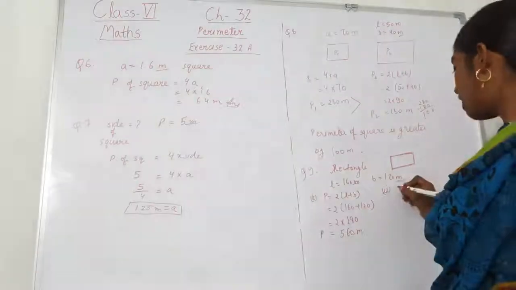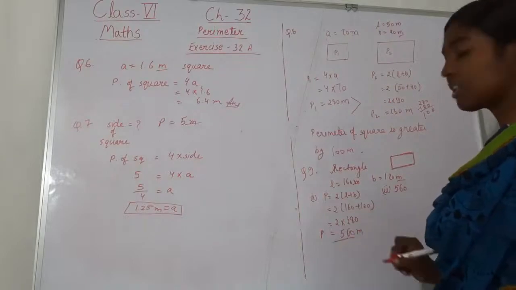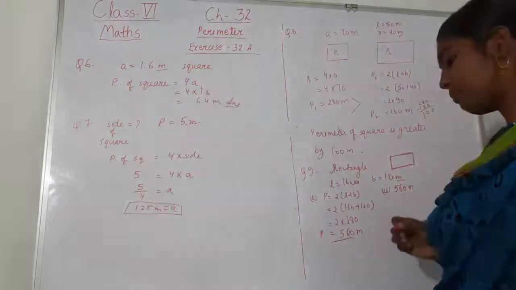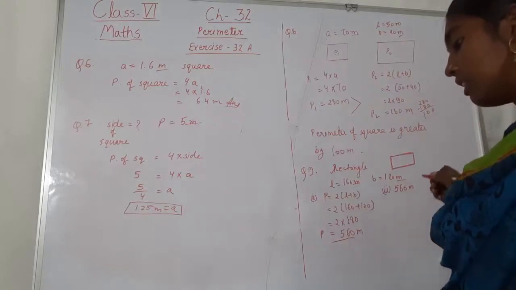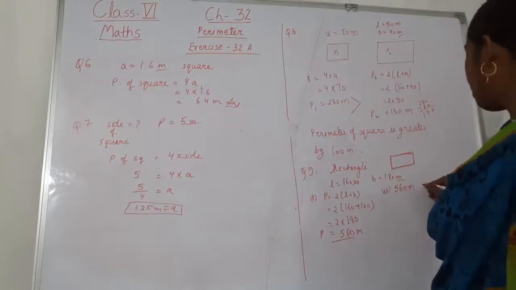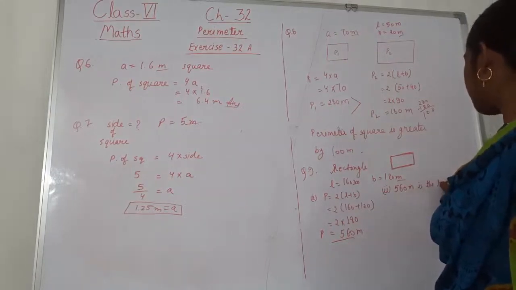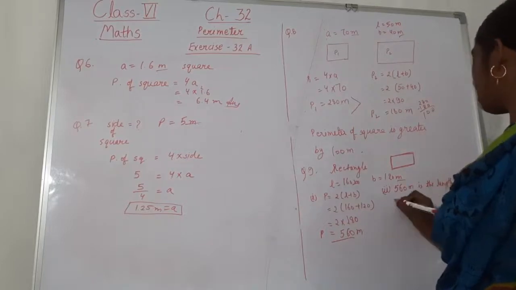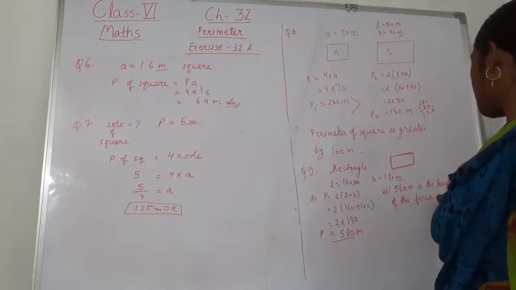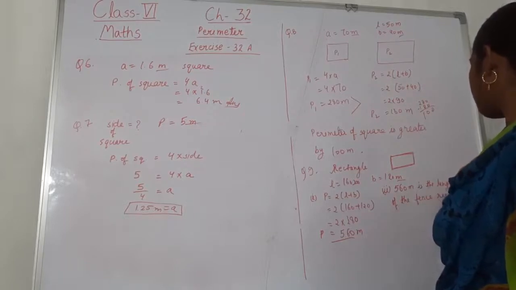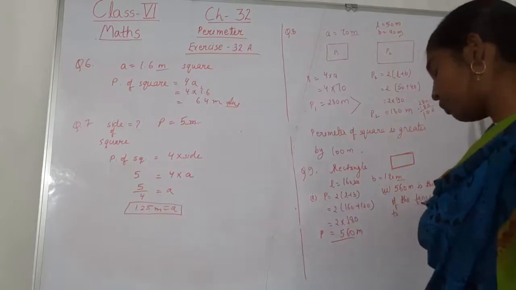So what you will write your answer, that 560, perimeter is 560 meter, length of the fence. 560 meter is the length of the fence required to enclose the field.